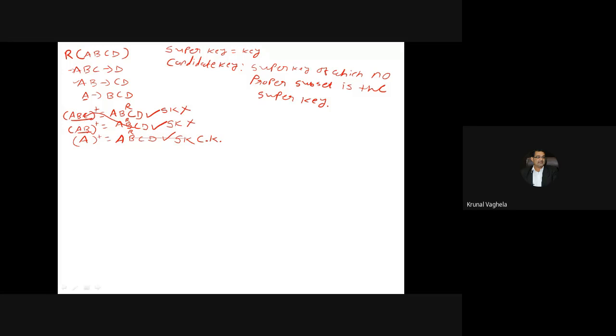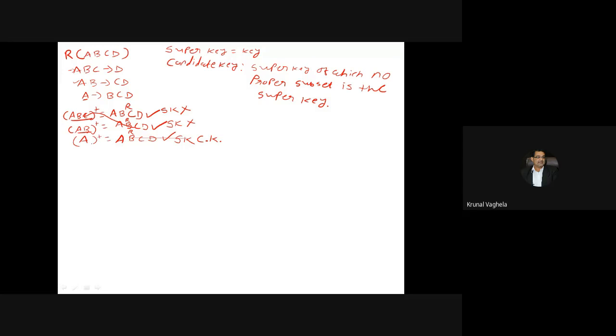So ABC, AB and A are super keys, but ABC's subsets AB and A are themselves super keys, so it is not a candidate key. AB's subset is A, which is itself a super key.